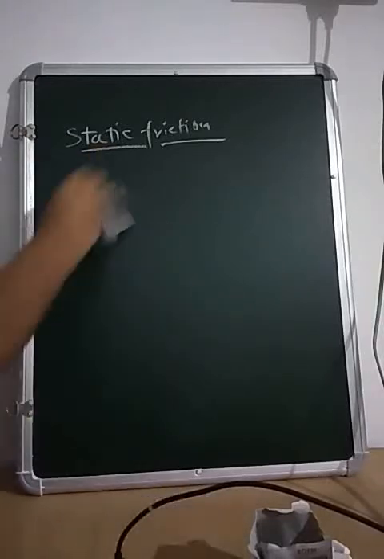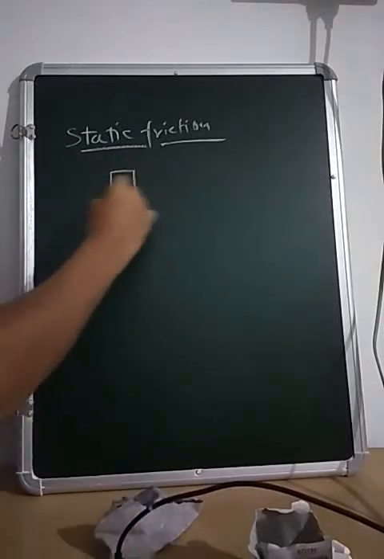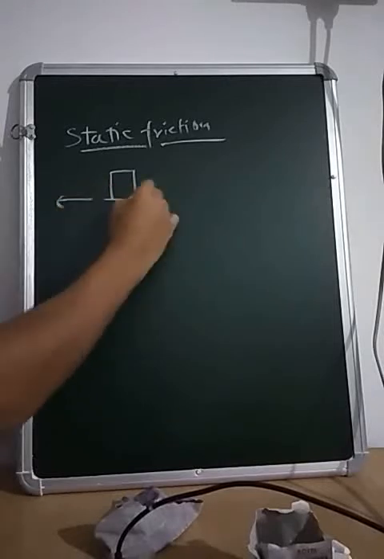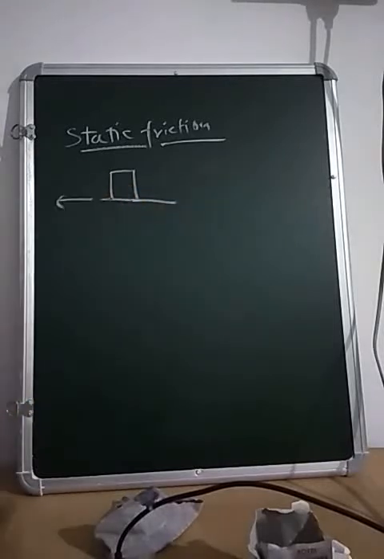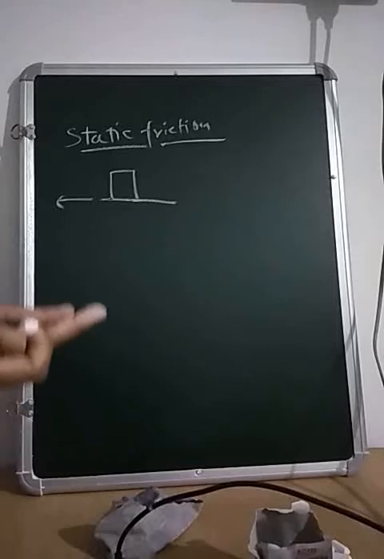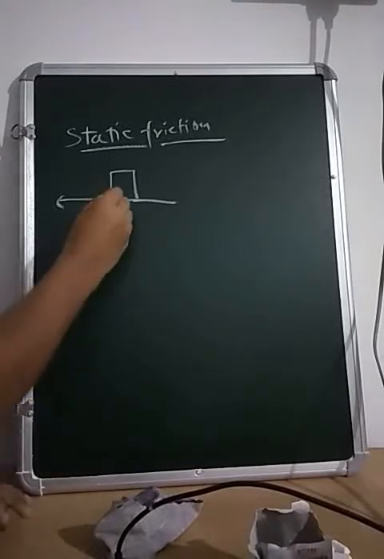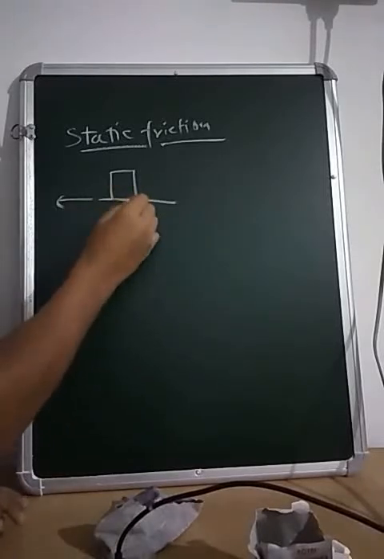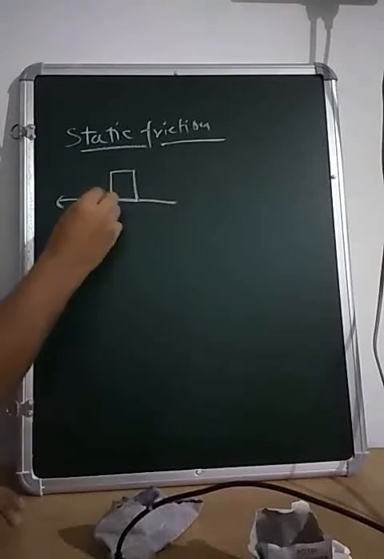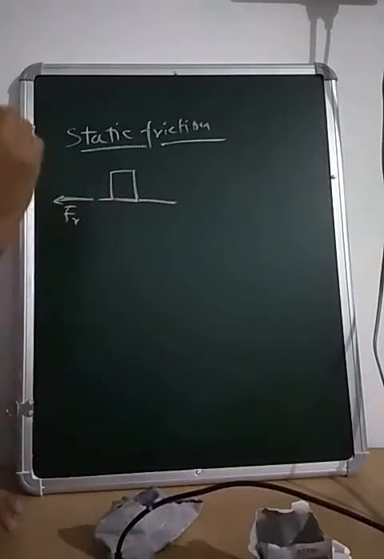Friction is nothing but the opposing force which rises when two surfaces slide on each other. When two surfaces slide on each other, then frictional force rises. Okay, Fr, I'm writing.